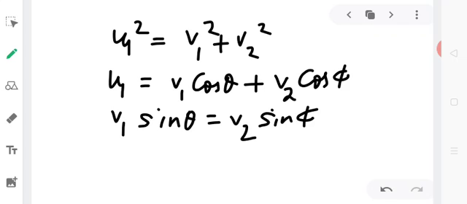So these are the 3 equations that we can obtain.